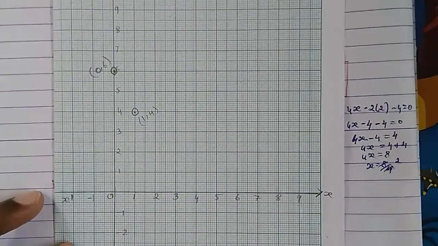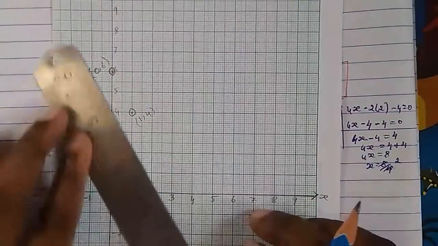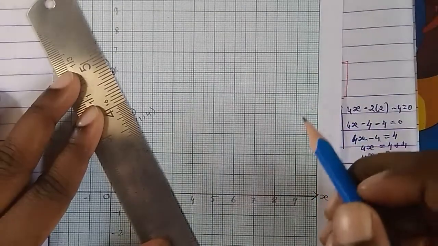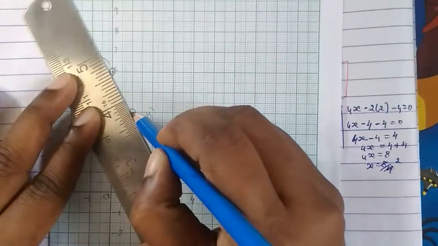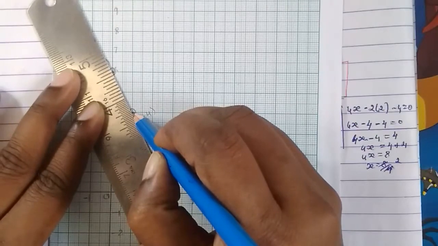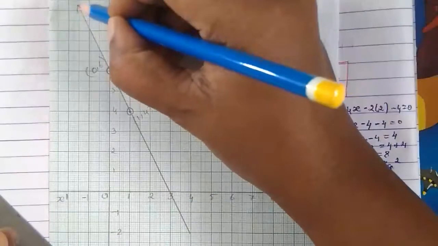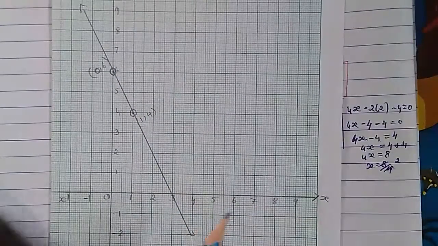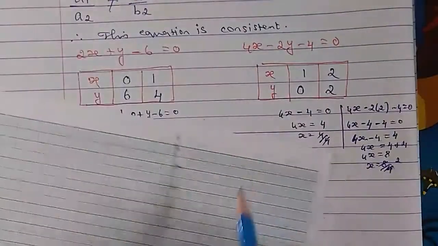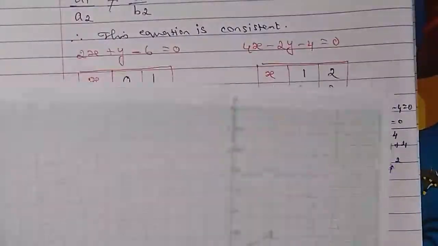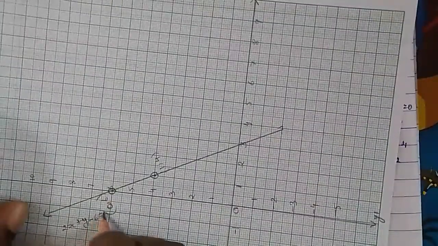So let's draw the line for this equation. So we have drawn the line. This is the equation 2x plus y minus 6 equal to 0.